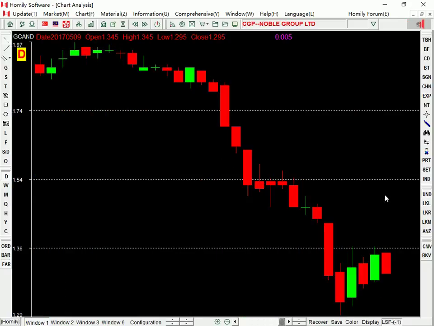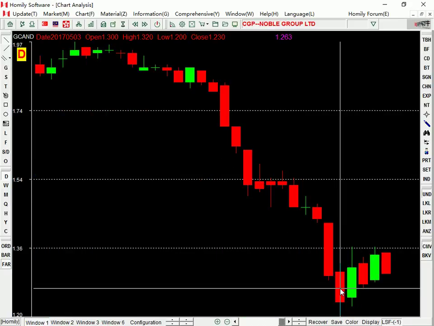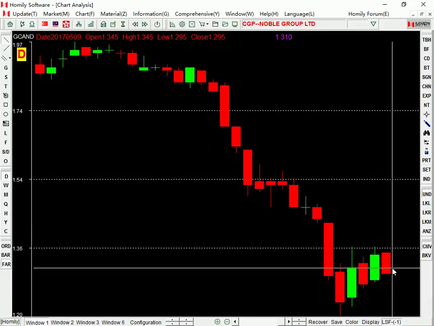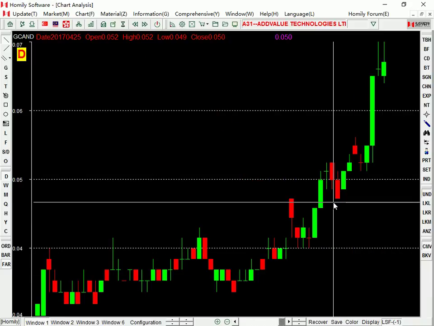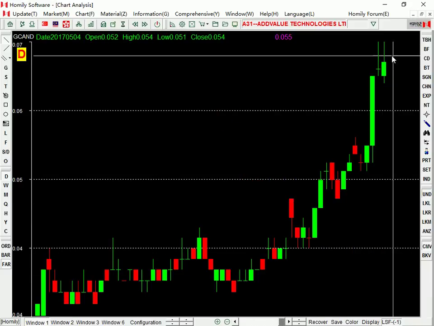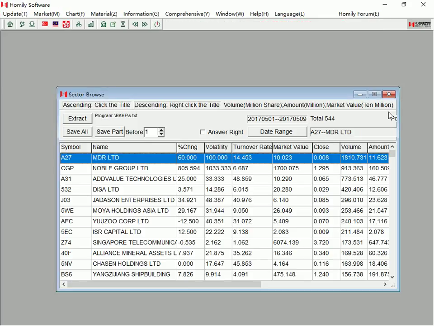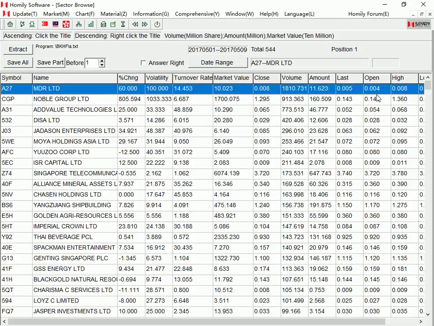Then we can see this one, from here to here, this is the rising percentage. The third one is this one. If you follow this information, you can find which sector and which stock is strong and active. So you can find some strong stocks among these stocks. Okay, so this is the method.